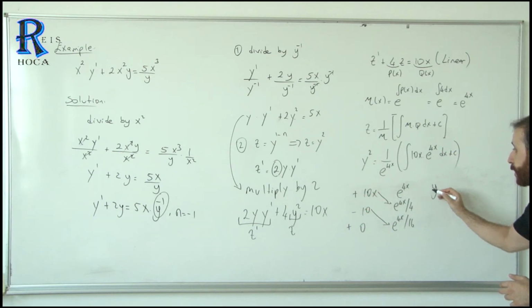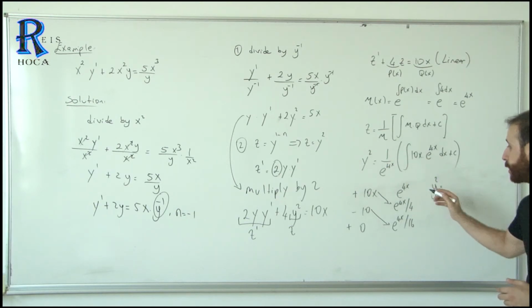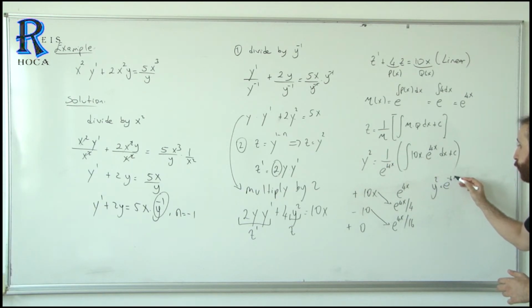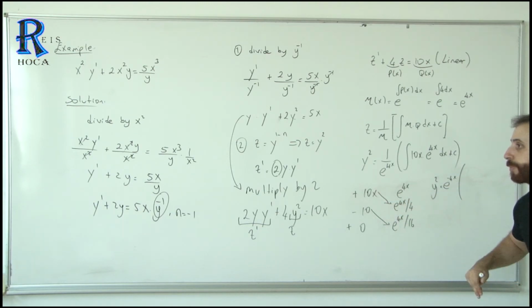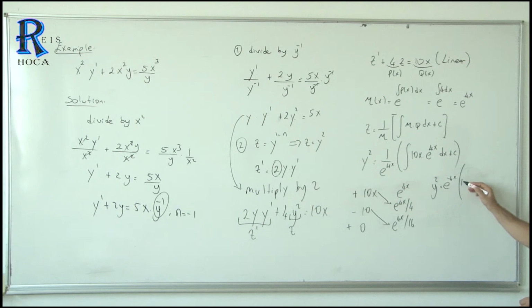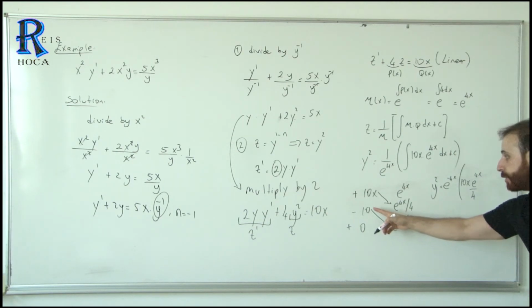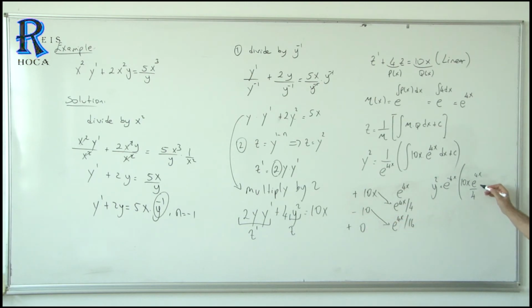So here there is y squared. Send e to the 4x to the numerator as e to the minus 4x, and the integral comes from the cross product: 10x times e to the 4x over 4. Here 10 times this part, there is minus 10 times e to the 4x over 16. It's finished, and there is plus c.